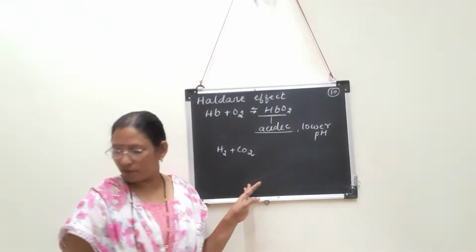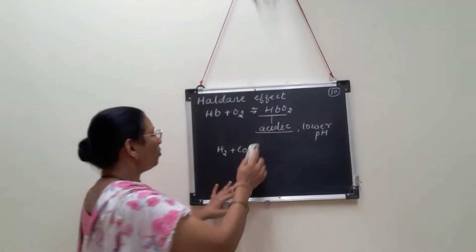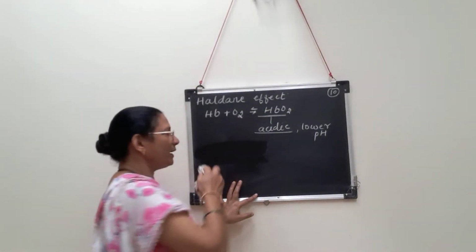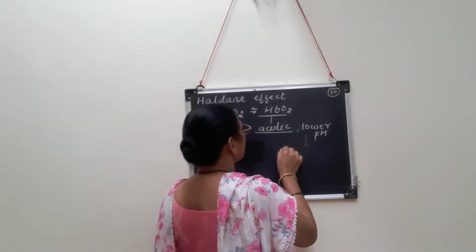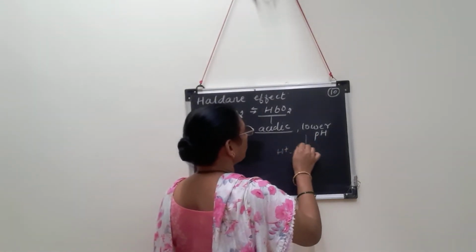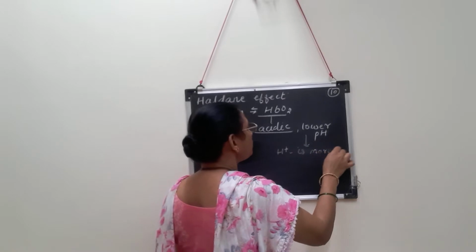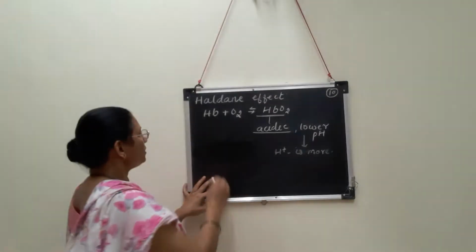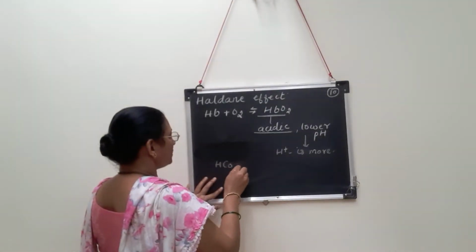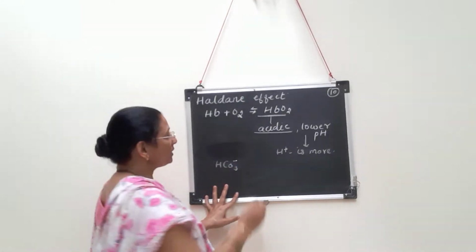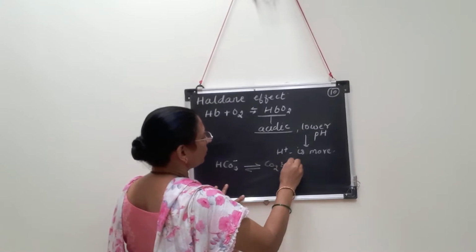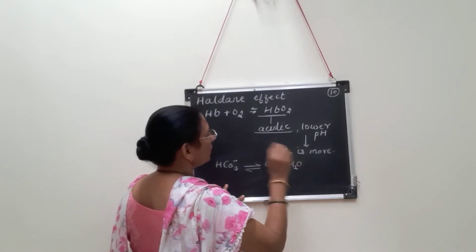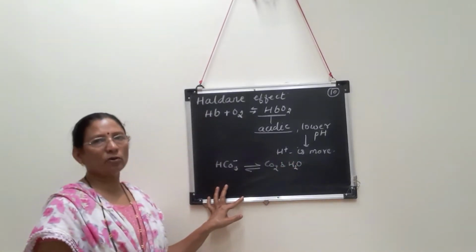In the previous lecture we have seen that when pH is less, hydrogen ion concentration is more, H plus is more. So when H plus is more, at that condition, HCO3 minus ions result in the formation of carbon dioxide and water. Okay, so this is the first part of the Haldane effect.